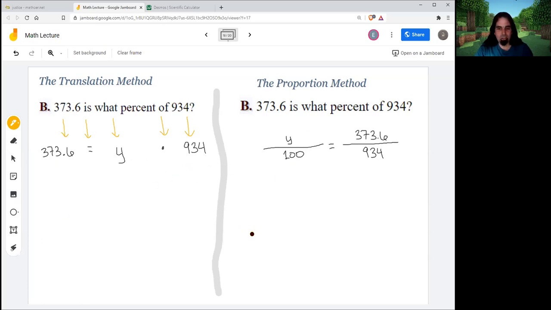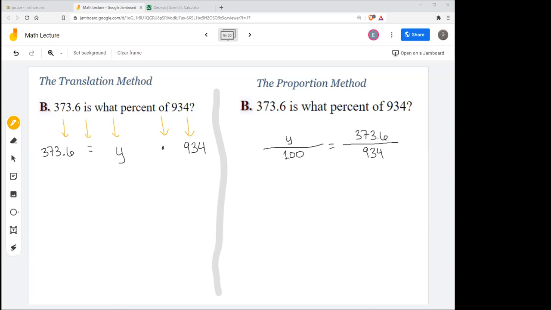Is everyone proportioned? I did the other one, but I can do this one for you.